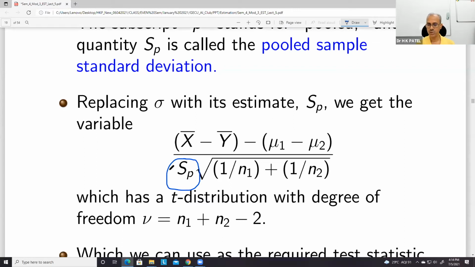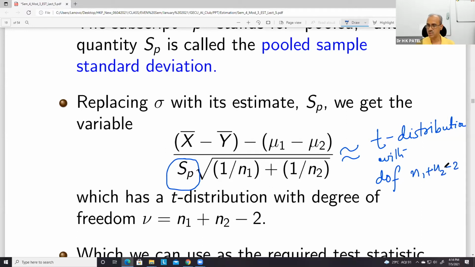If you use SP here, then this value is approximately a T distribution with degrees of freedom N1 plus N2 minus 2.